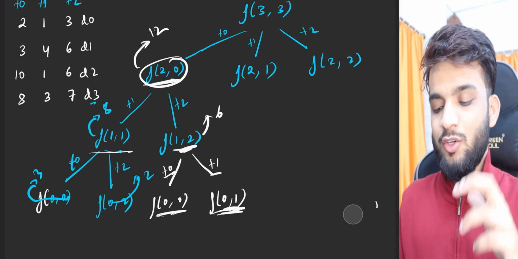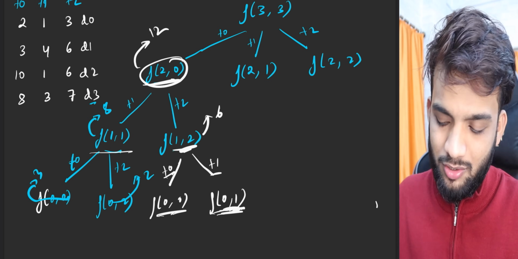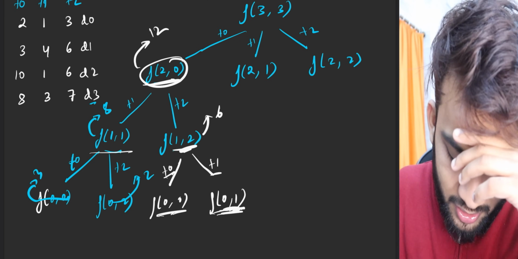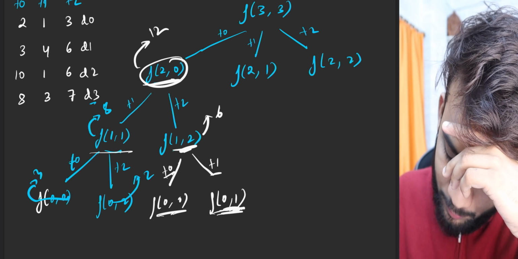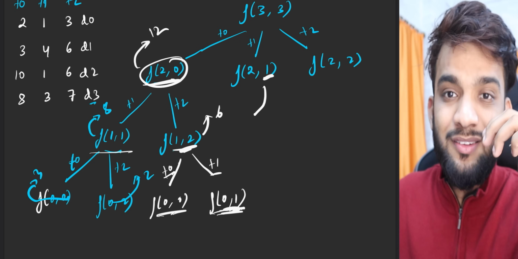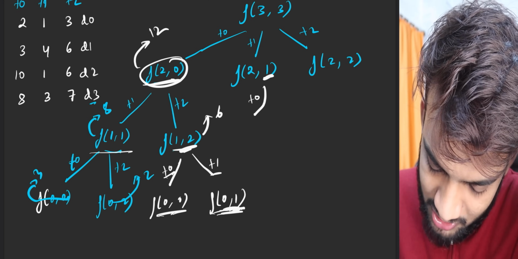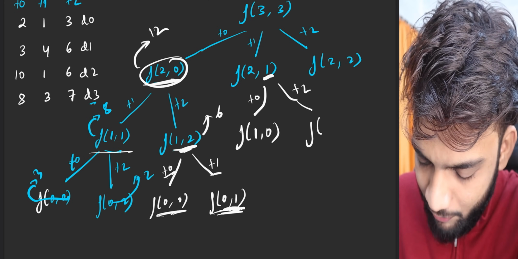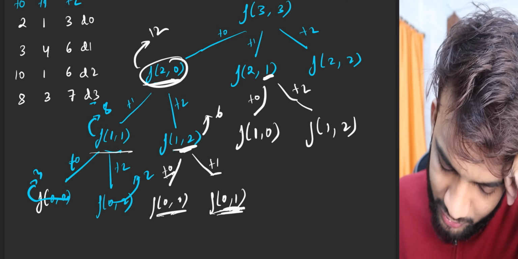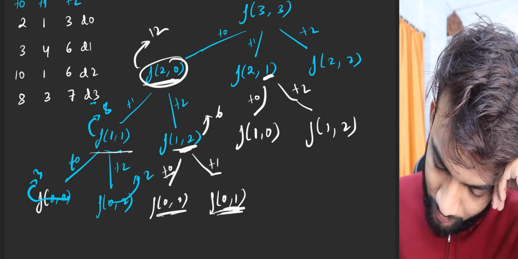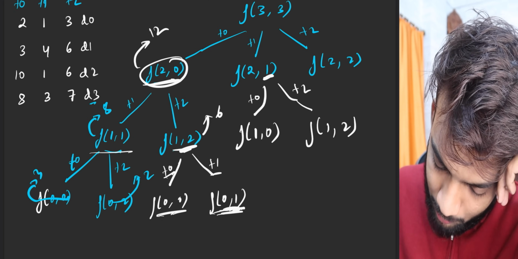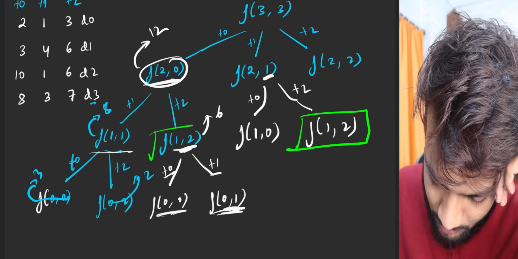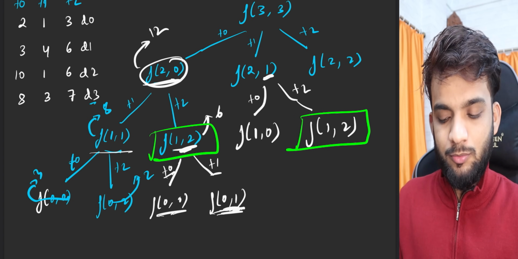Now you'll start seeing overlapping subproblems. I hope you've got the basics of how the recursion is working. So the first, I'll just show you one more. Over here, if you are doing the task 1, you'll be like task 0 and task 2. So f of 1 comma 0 and f of 1 comma 2. So if you carefully see, do we still see an overlapping? Yeah, this is the first overlapping subproblem that you'll see. So you saw an overlapping subproblem.